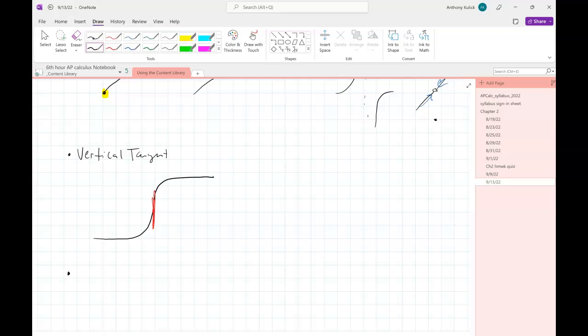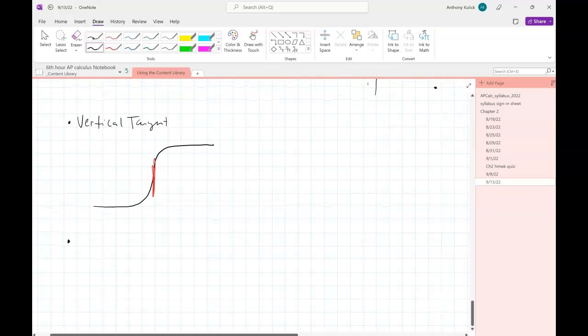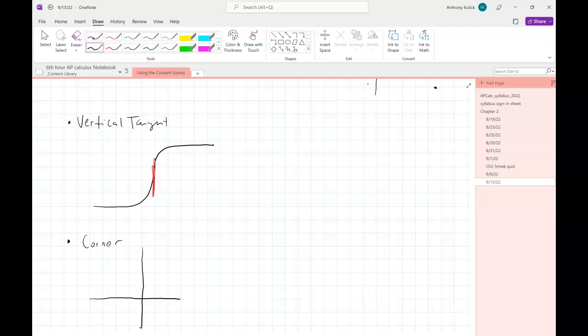And then the third one is if you have a corner. So our canonical example for that is the absolute value of x. And the place where the derivative fails to exist is here at 0.